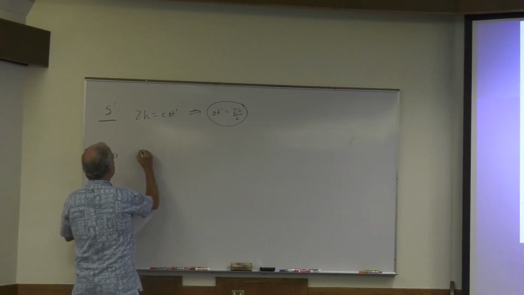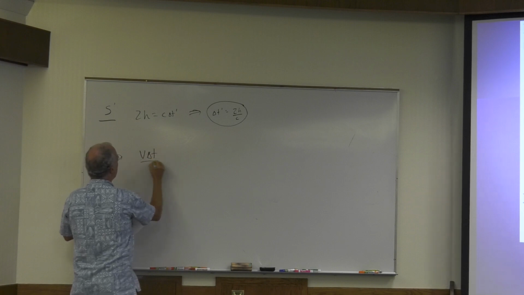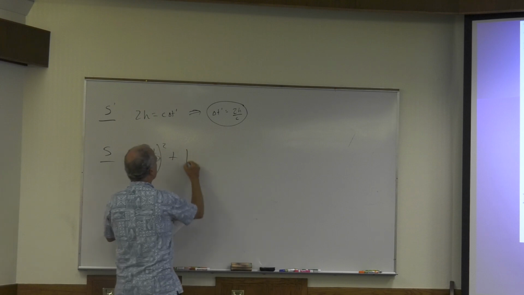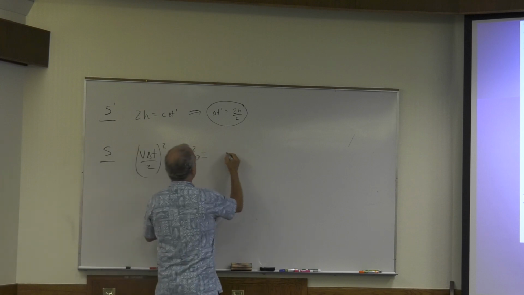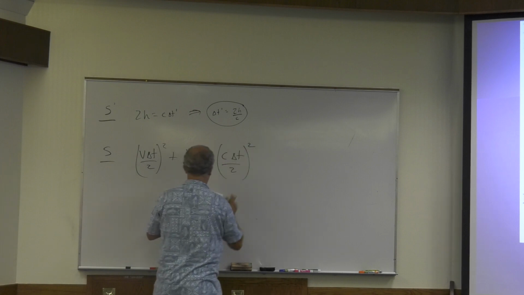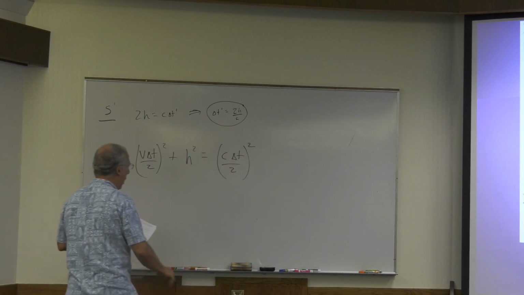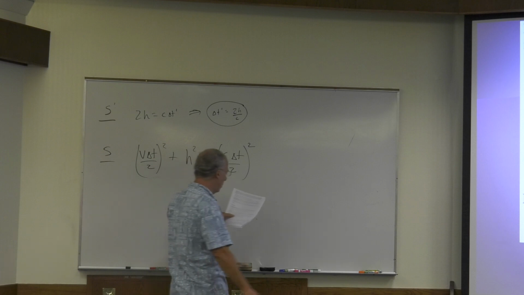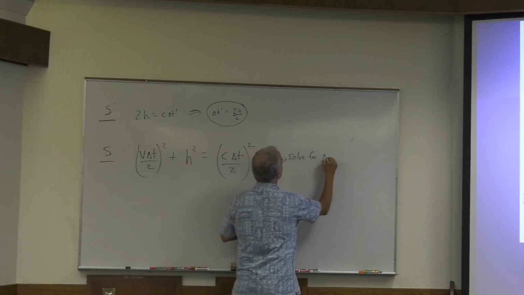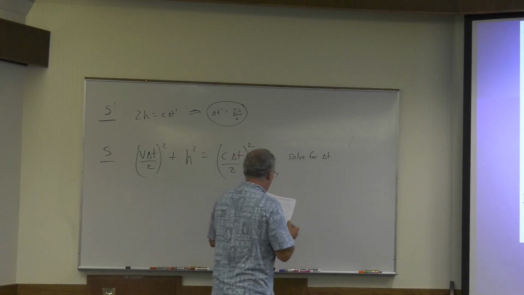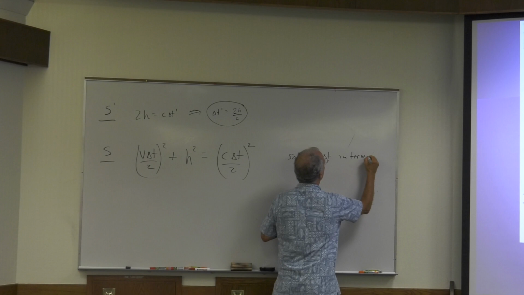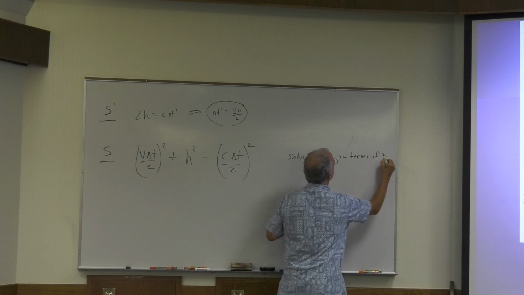So (v delta t over 2) squared plus h squared equals (c delta t over 2) squared. Okay, now what I want you to do is solve for delta t in terms of v over c.